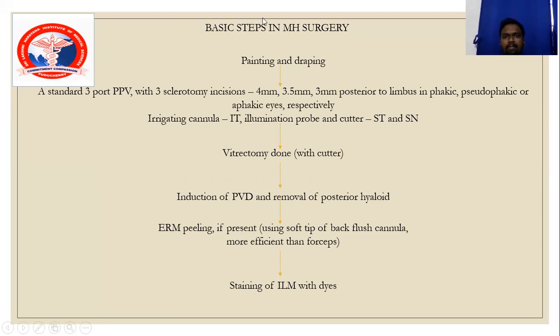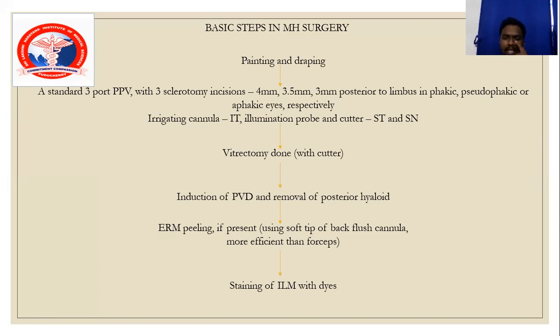We perform a pars plana vitrectomy, the core vitrectomy, using a 25 gauge cutter. We induce the posterior vitreous detachment, and we remove the posterior hyaloid. After removing the posterior hyaloid, we perform an epiretinal membrane peeling if it's present, after or before staining the ILM with dyes.